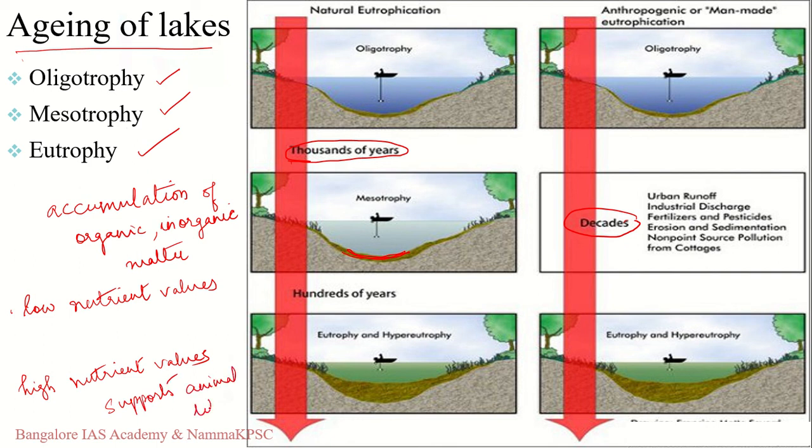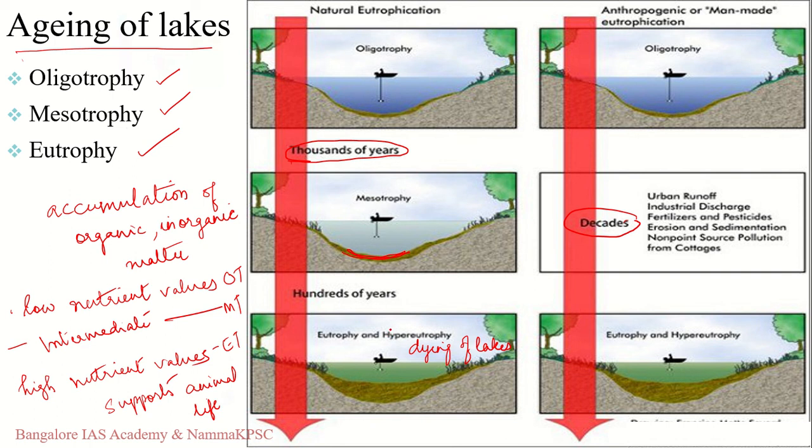So once a lake reaches the eutrophic stage, all the way from the oligotrophic stage, that is when a lake starts to die, as is shown in this particular diagram over here. So these are the three stages which a lake will naturally, or due to man-made changes, pass through before dying off.